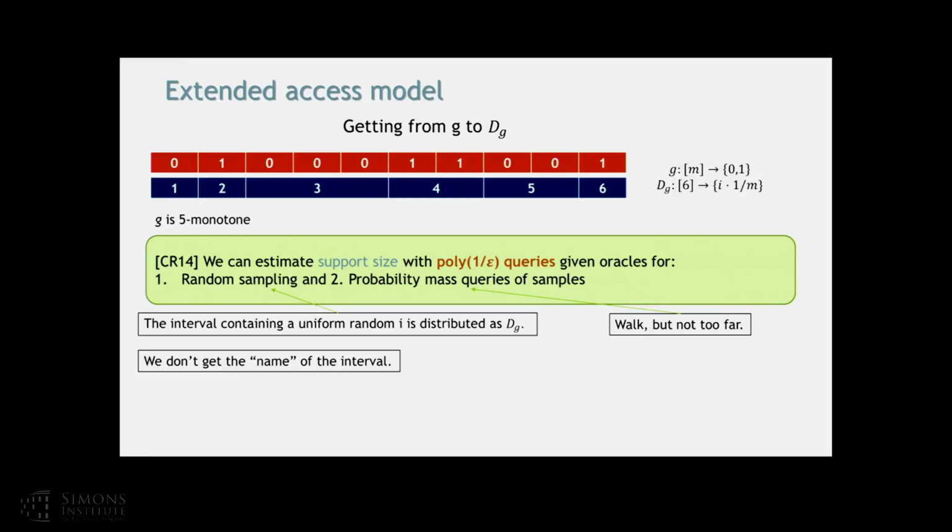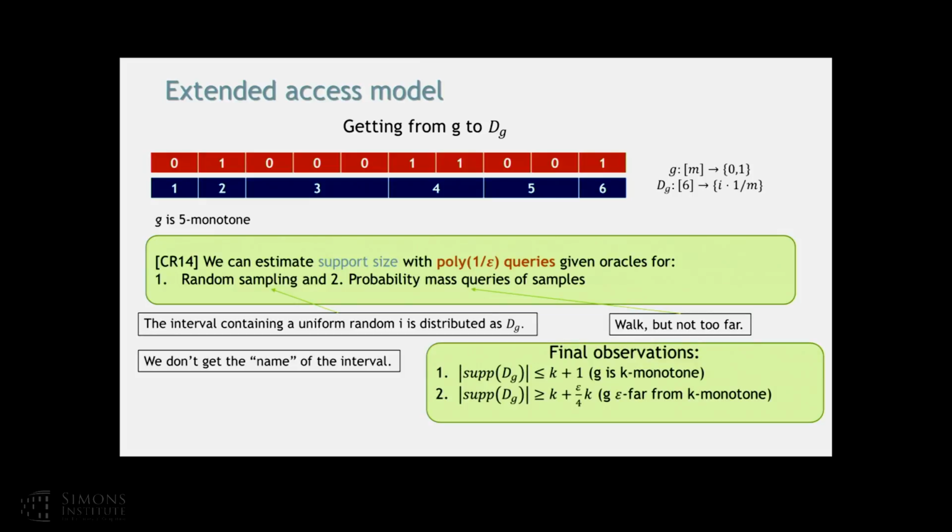So at some point we say, okay, we've walked long enough, we're going to give up and say this interval is just super big, which turns out to not affect the analysis too much. And then once we have this, we can use the support size estimator to get the support size up to a multiplicative factor, and this is enough to test whether we're close or far from monotonicity, or k-monotonicity, sorry.